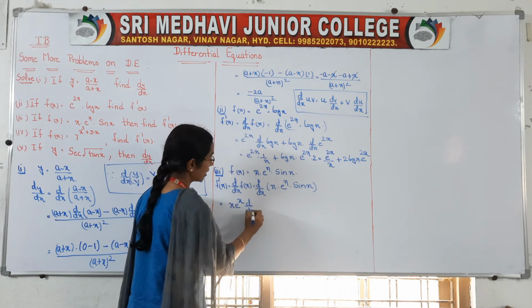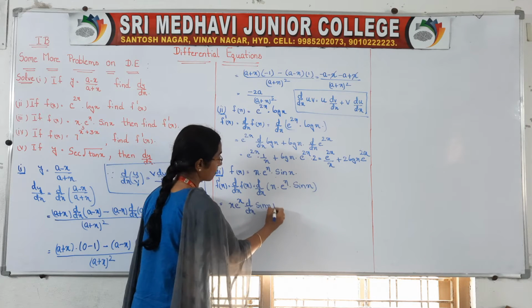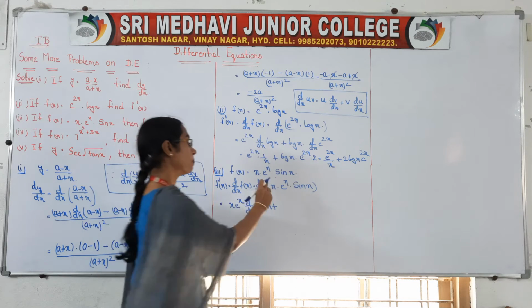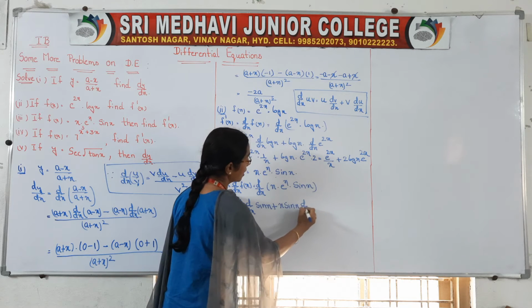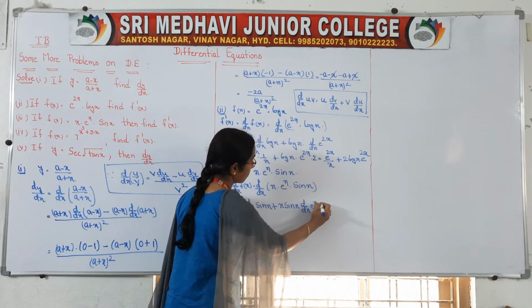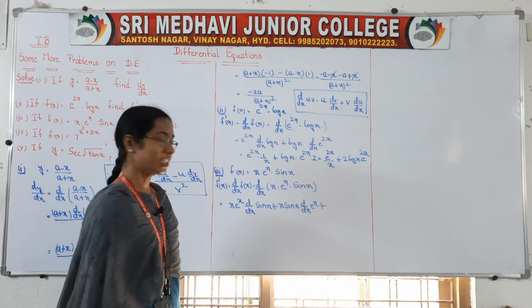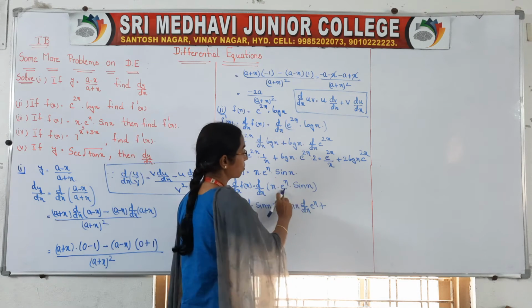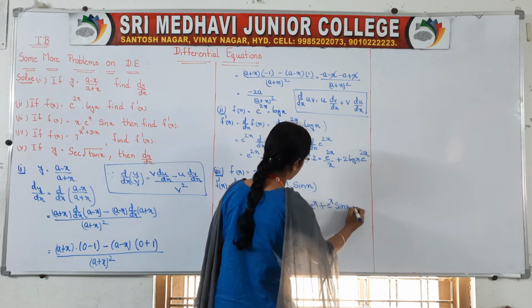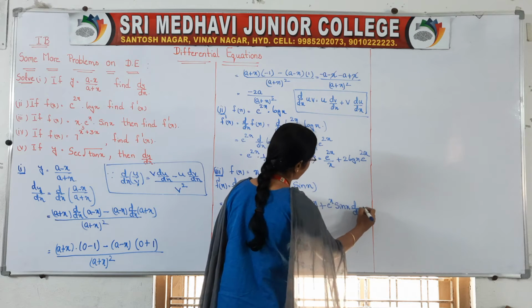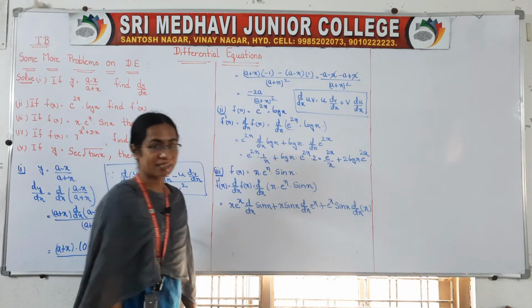D by dx of sin x, right? Next you keep x and sin x as it is and differentiate e to the power of x. Next you differentiate x and you keep e to the power of x sin x as it is, and it is d by dx of x.